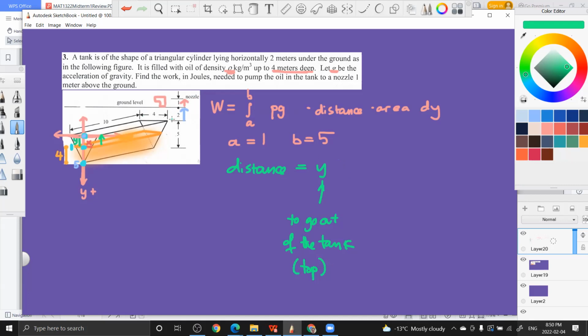But then it also says that we need to bring it up 2 meters because this tank is underground. So we have to +2 because it's under the ground. It's very important to notice all of the information it's saying here. And then you have to pump it out of the nozzle, and the nozzle is 1 meter, so +1. This gives you the distance is y + 3.